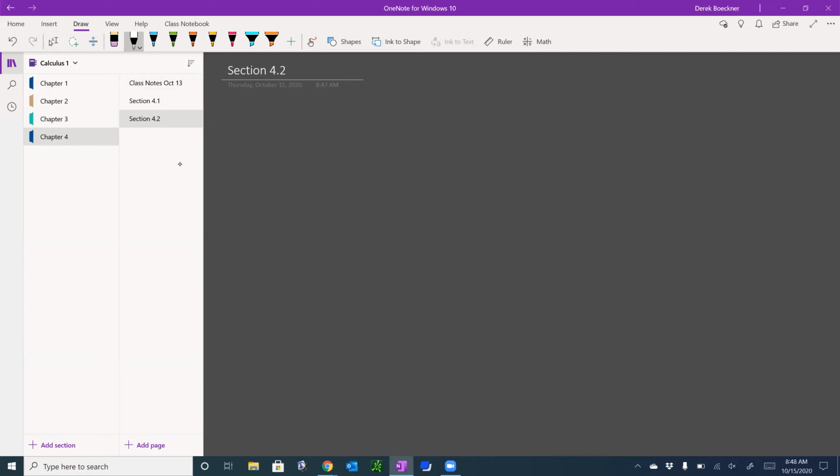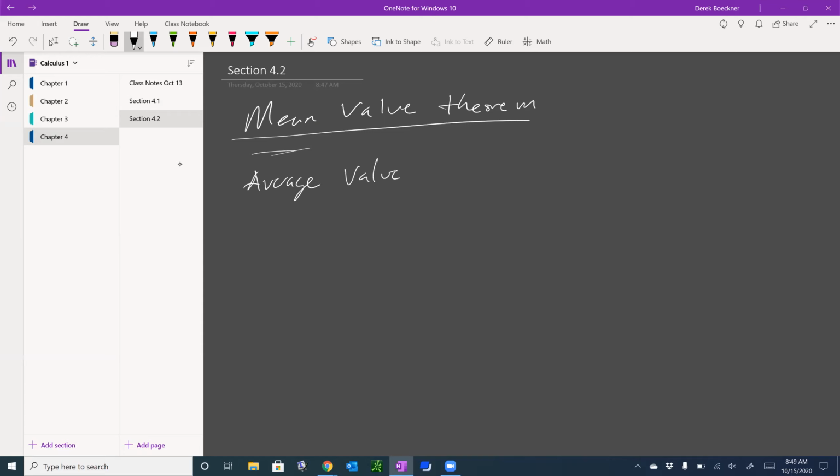Okay, so 4.2 is the mean value theorem. And we'll just talk a little generally about what the mean value theorem says. So the mean value theorem, well, I have a mean and I have a value and I have a theorem, right? So what's the mean of anything? What's a mean? Average. Means average. So this is an average value theorem.